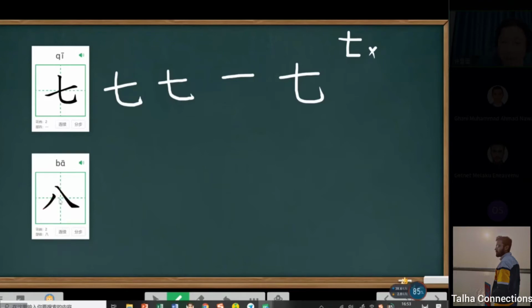Yeah, there must be a gap between the two strokes. Do not put them together. They're not joined together. Left and right. There must be a gap between them. Now, let's do it.